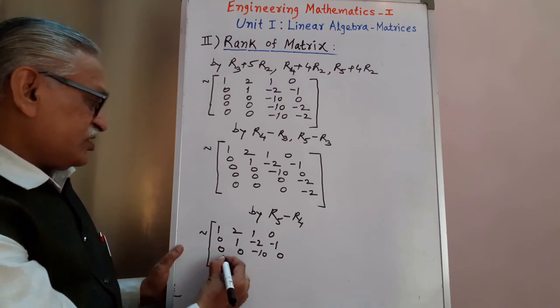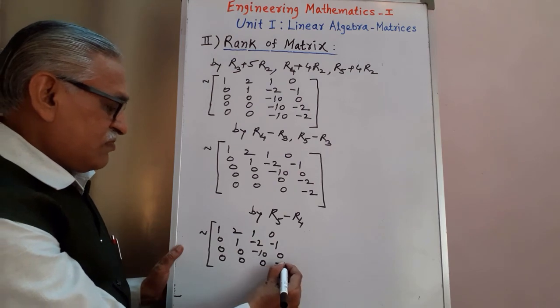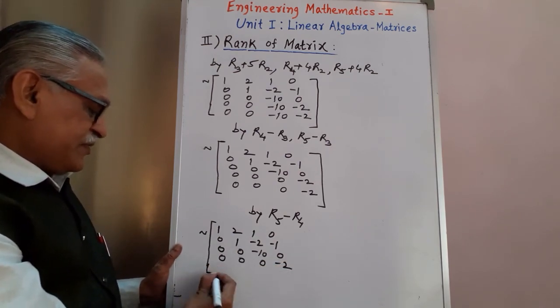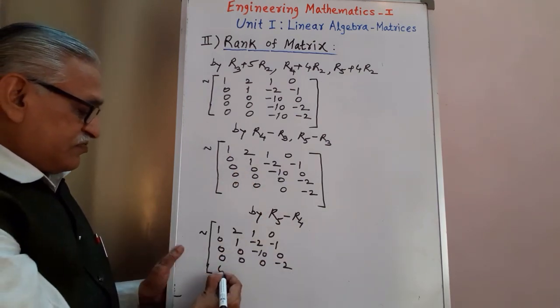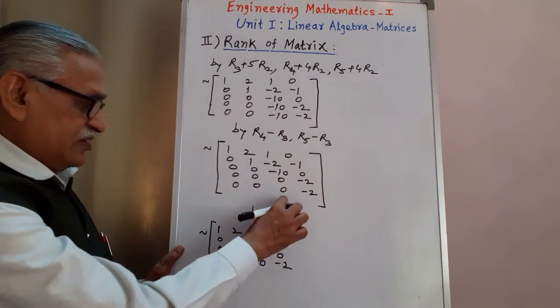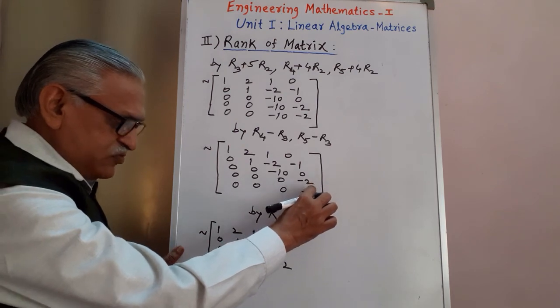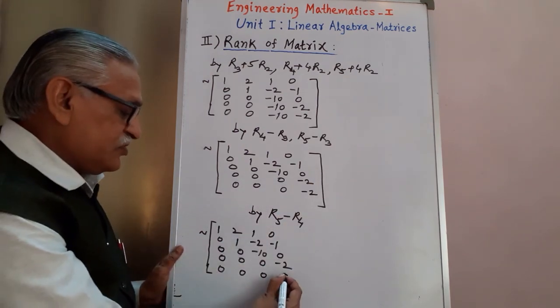Fourth also no change. 0, 0, 0, minus 2. And then we try to find the changes in the fifth. R5 minus R4. 0 minus 0. 0 minus 0. 0 minus 0. Minus 2 minus of minus 2. Minus 2 plus 2, we get here 0.